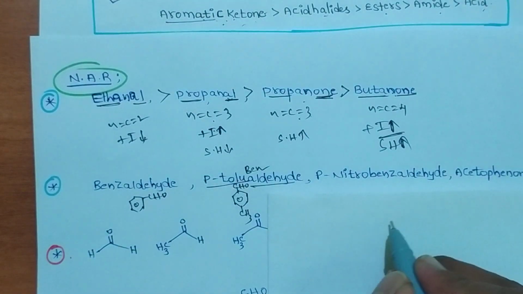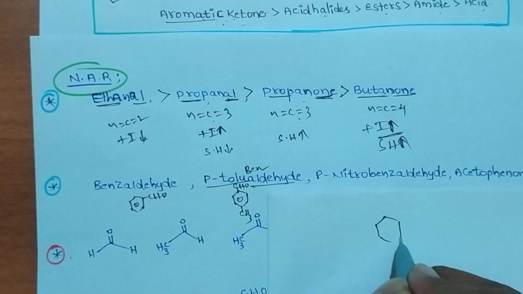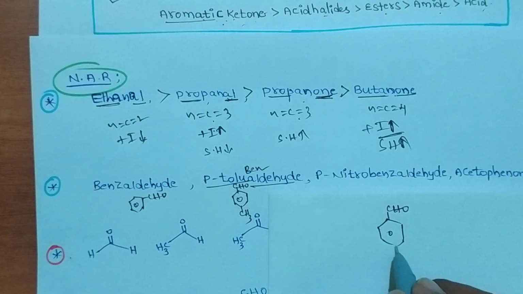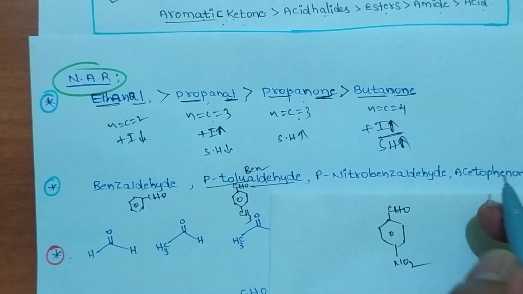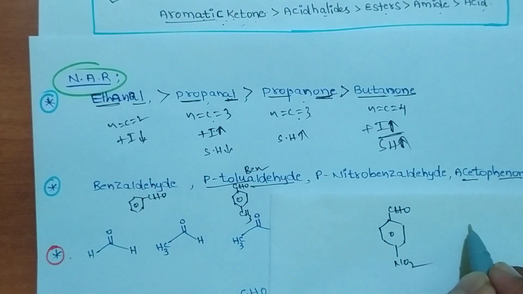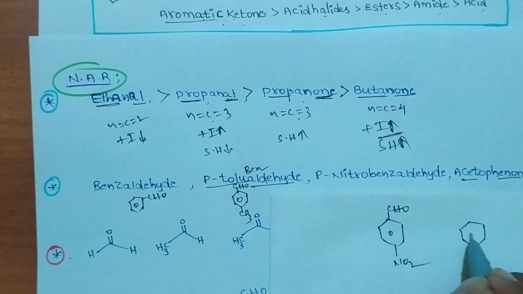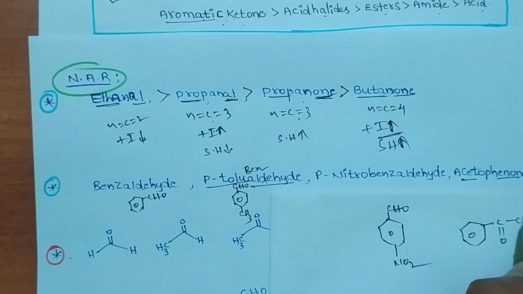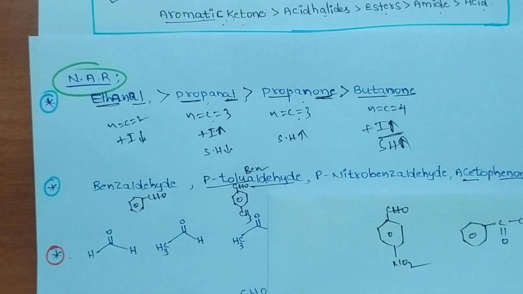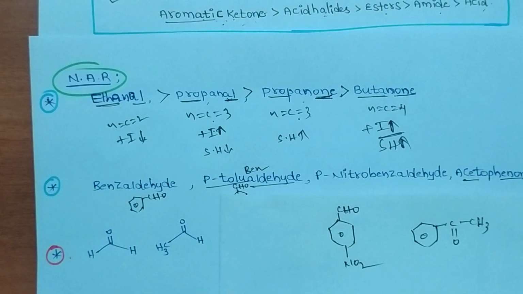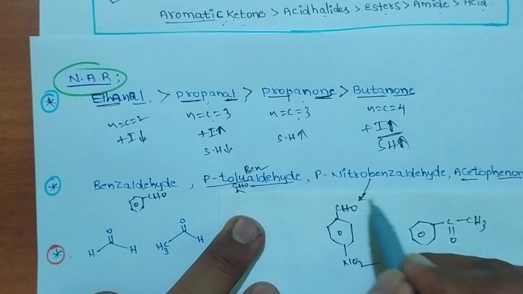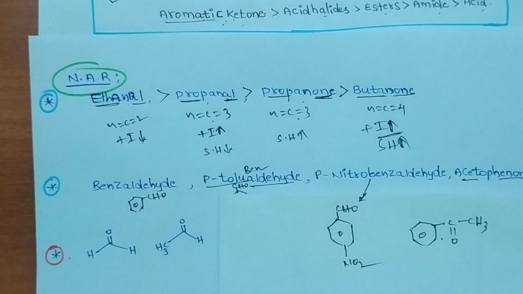Benzaldehyde means a benzene with a CHO group, and at the para position an NO2 group is present. Next, acetophenone. What is a phenone group? Aceto means CH3. Now which is more reactive?